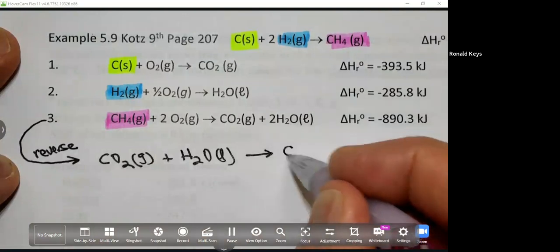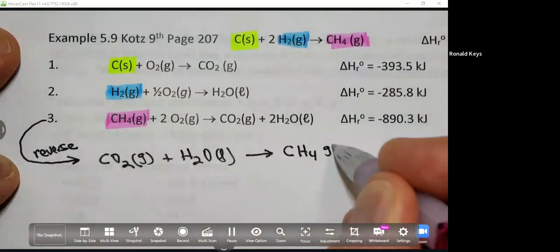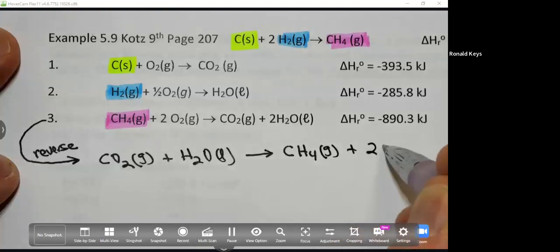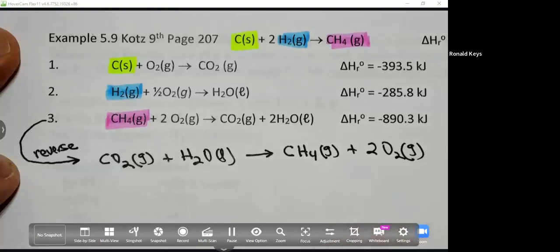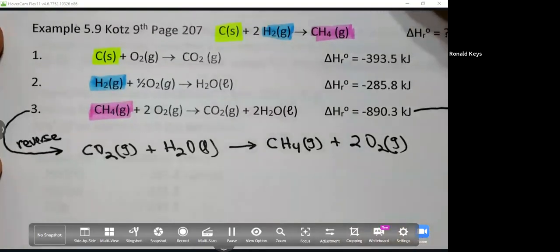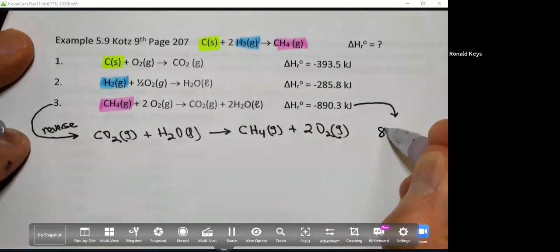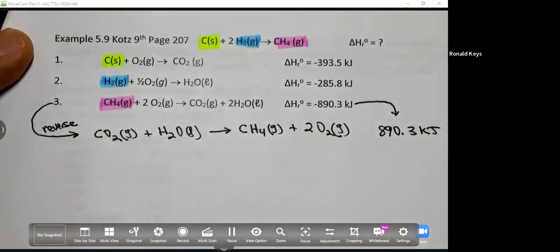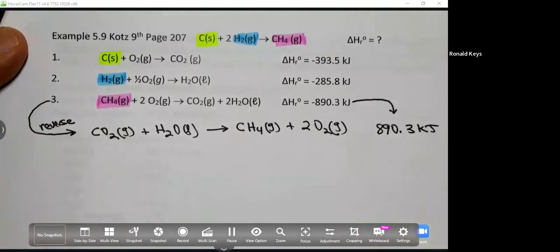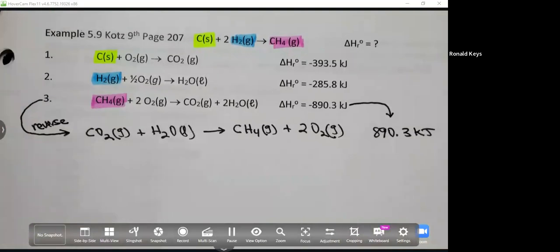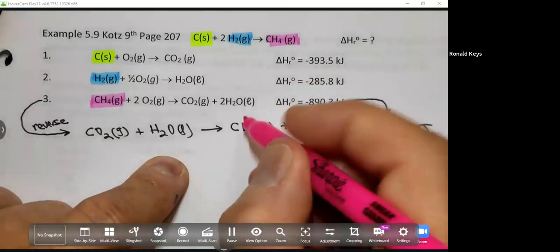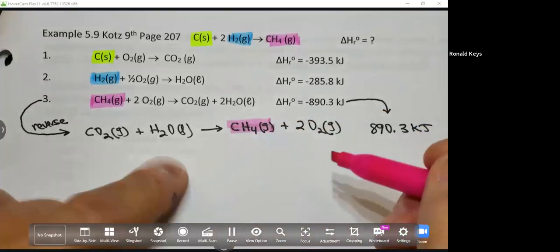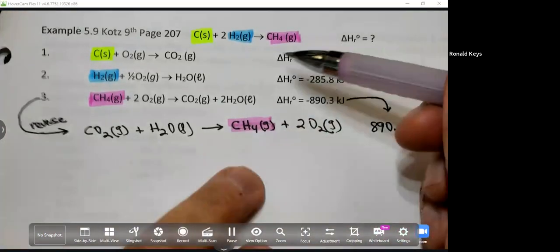You're going to get CH4 gas plus 2O2 gas. And so we reversed it. This is going to be positive 890.3 kilojoules. And we reversed it. This looks nice. We got our CH4 on the product side, right? Which matches up above.